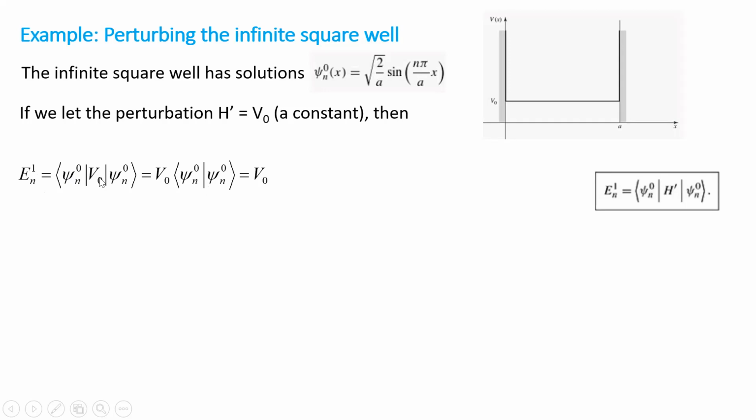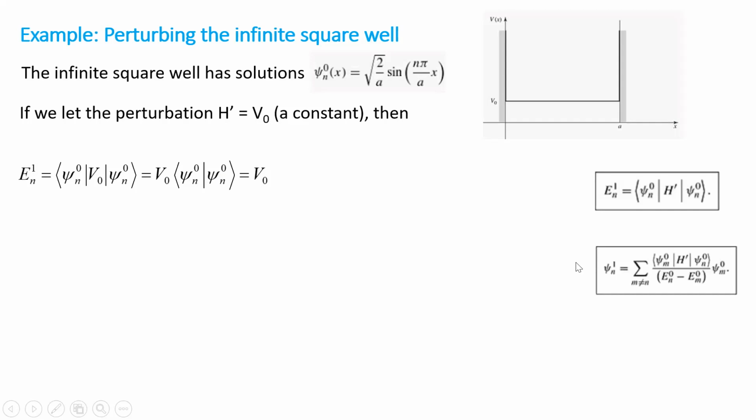So since it's a constant, we can pull it out of this expectation value, and we just get V0 times the inner product of psi n0 with psi n0. But since psi n0 is normalized, this would be 1 by normalization. So this just becomes V0. So En1 is just V0. So the first order correction to the energies is just V0, the amount that we've raised the energy by the perturbation.